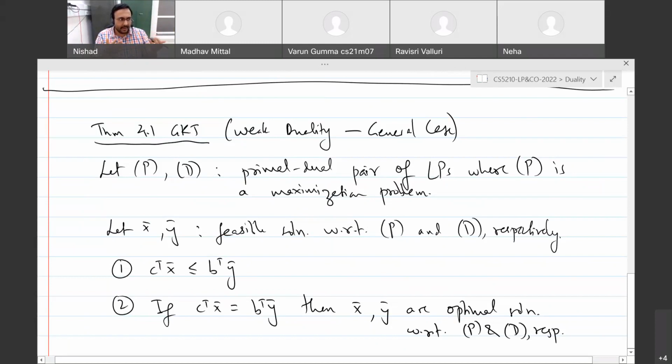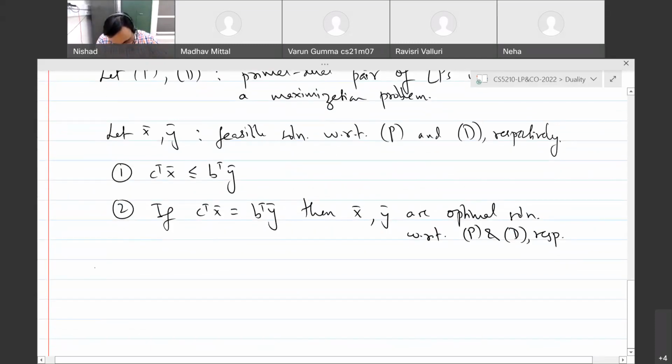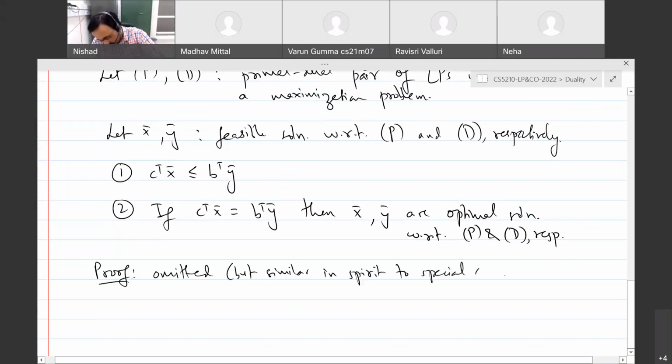So it's merely a matter of figuring out some elaborate notation and making sure that the right variables are multiplied with the right constraints. Okay, so there is nothing deep about this proof. That's why we are going to skip it. Okay, so omitted, but similar in spirit to special cases such as standard equality form LPs.